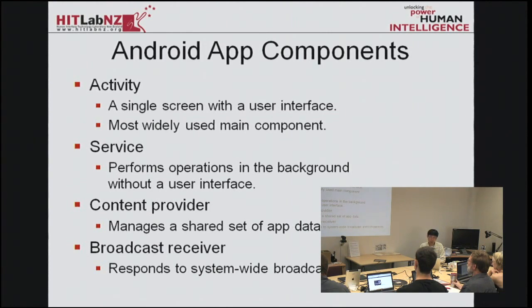And the other two things is content provider, which you can think of as a database-like component that can provide data not only to your app, but also to other applications as well. One example is the contact or phone book component in the standard Android system.